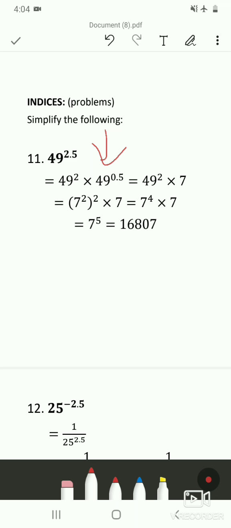Then in the next step we have solved 49 raised to 0.5 and got the answer as 7. Then using the third law we write 49 raised to 2 as 7 square whole raised to 2. Then we simplify. Even though these are easy problems, you only have to know how to use those laws.